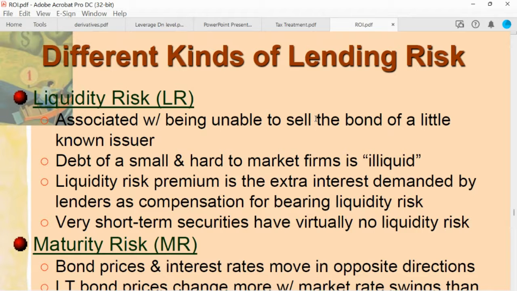And then the next level, in the order of liquidity, is cash equivalent. Cash equivalent is a very short-term asset that has very little variance in valuation. Value doesn't change very much, so its cash value is preserved.